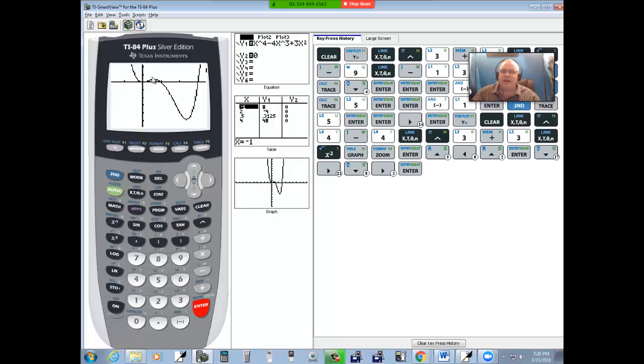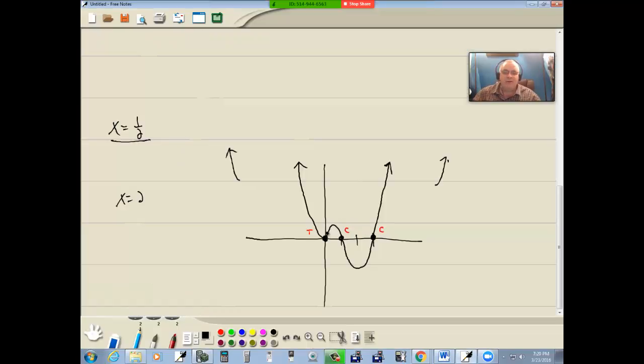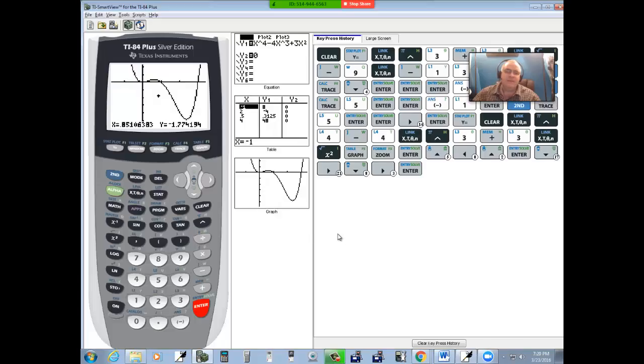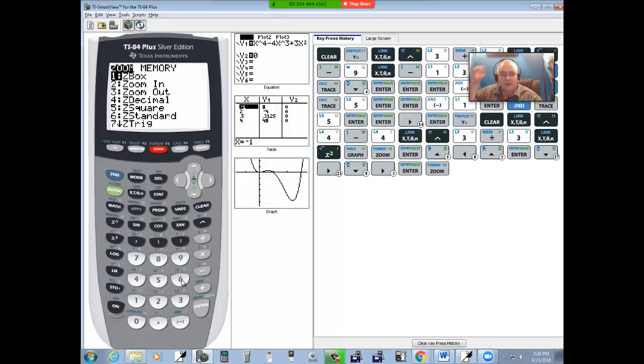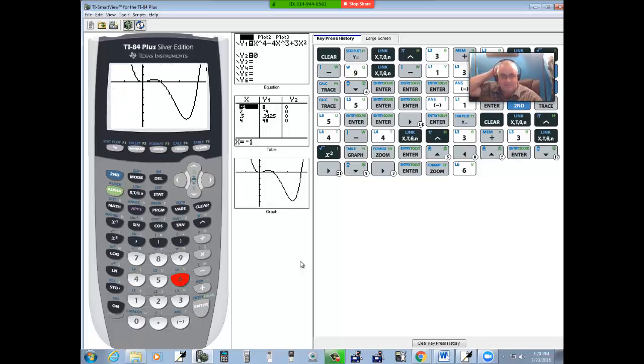It doesn't go up very high, does it? So I was wrong in that regard. I said it went up this high. It doesn't go up that high. It's probably a little bit lower. So you can use a combination of the techniques that I've showed you by hand and the calculator to truly understand what's going on with the graph. Now to set your calculator back, you do zoom, and then you press 6 for ZStandard.